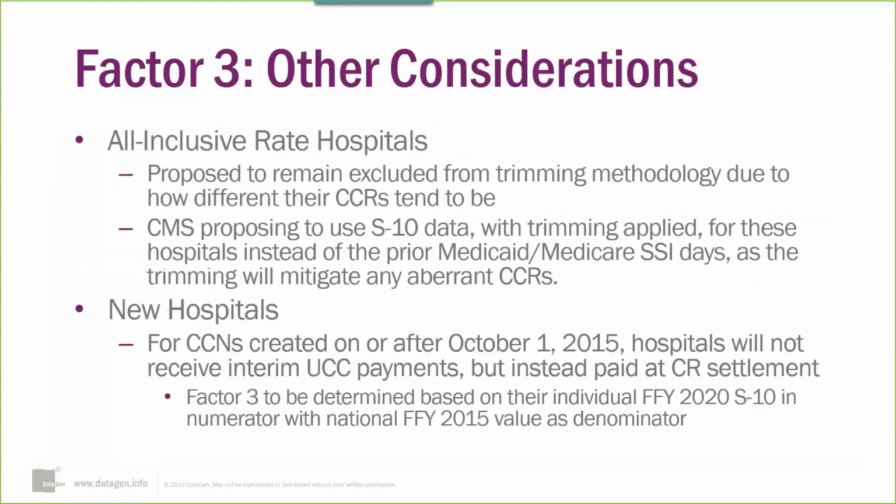Some other changes that CMS is proposing for Factor 3, or the distribution: all-inclusive rate hospitals. Currently, they are excluded from the trimming methodology that CMS applies to the S10 data. In fact, they don't even have S10 data used at present. Currently, because of the variance that their cost-to-charge ratios have relative to all other hospitals in the country, CMS actually uses 1 year of Medicaid and Medicare SSI days data sets as their full weight in order to determine their Factor 3.